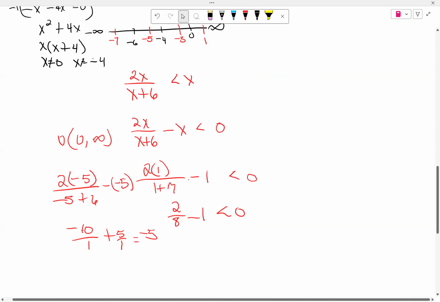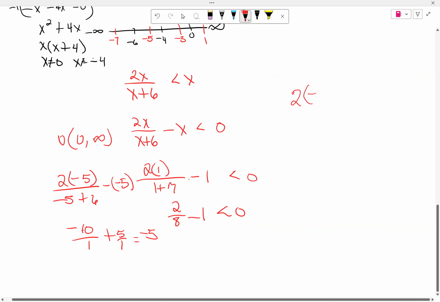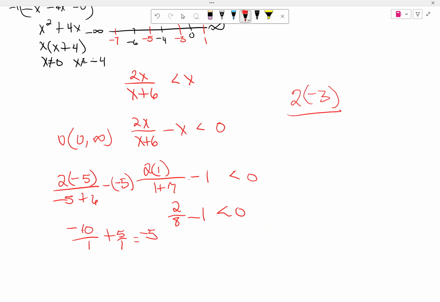Now, to prove to you that the other two do not work, if you do 2 times -3 over -3 plus 6, and this is minus -3, and this is less than 0, this is going to give you -6 over +3 plus 3 over 1, which means I'll get a common denominator times 3 times 3.